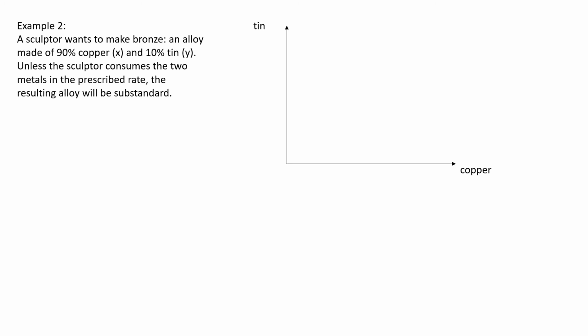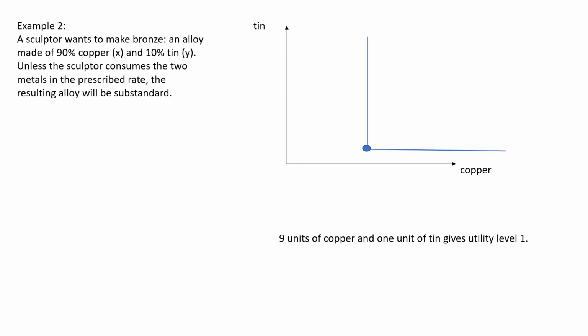We then try to visualize this. So 9 units of copper together with 1 unit of tin is going to give me utility level 1. Utility level 2 can be achieved if you use 18 units of copper with 2 units of tin.